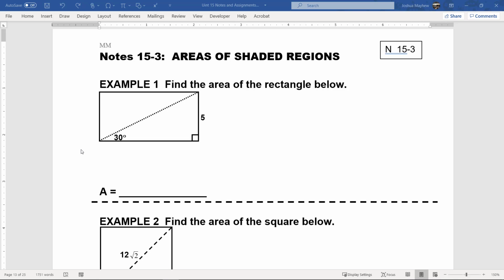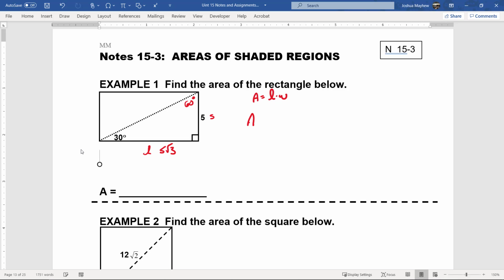So first example just says find the area of the rectangle below. Recall the area of a rectangle is length times width. Well, I've got one of the dimensions, but I need the other dimension. So we've got a 30, 60, 90 special right triangle where I know the short side and I need to know the long side. Short to long, times rad 3. So 5 rad 3 is the long side.